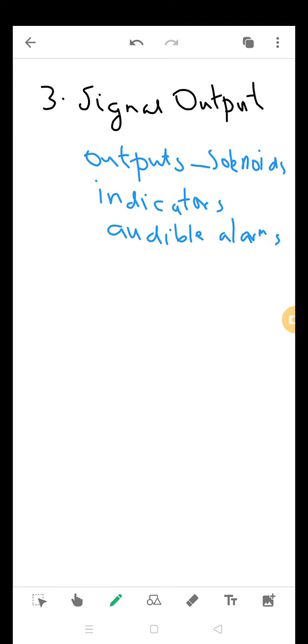So these are the three important steps in electropneumatic control.